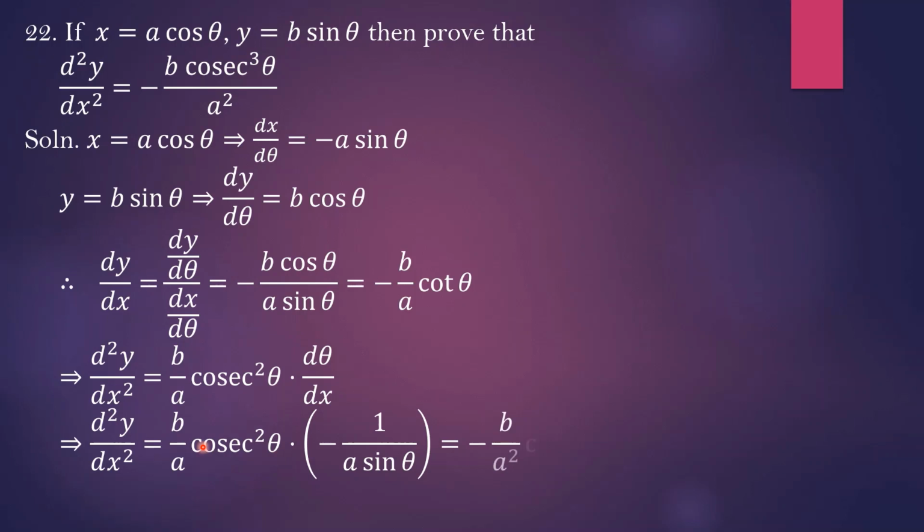Taking the minus to the front, b by a square, into a square, and cosec theta times cosec square theta, since 1 by sin theta is also cosec theta, so make it cosec cube theta.